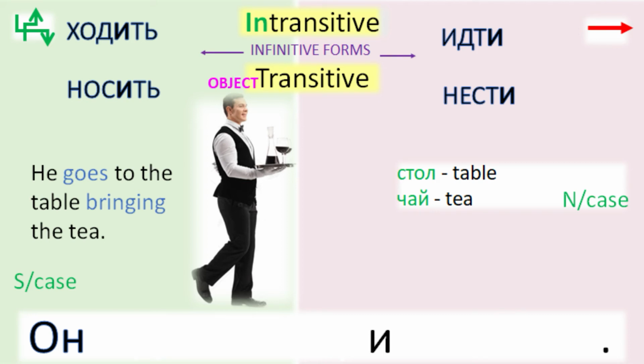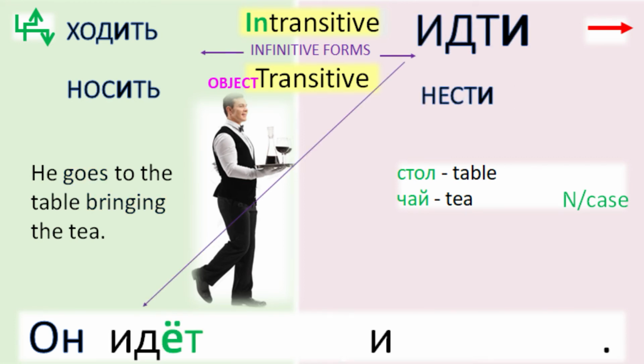He goes to the table bringing the tea. Identify the Russian verbs needed in this sentence. See Grammar 6. Он идет.